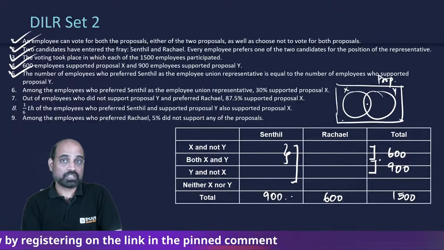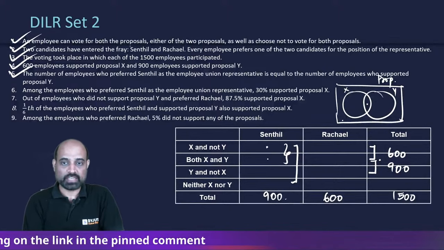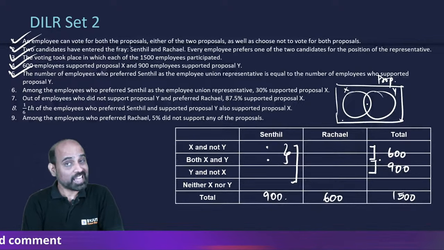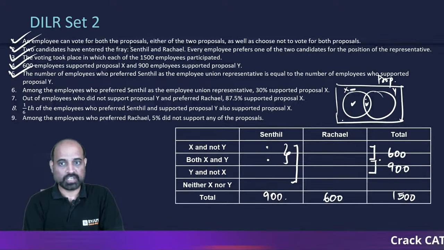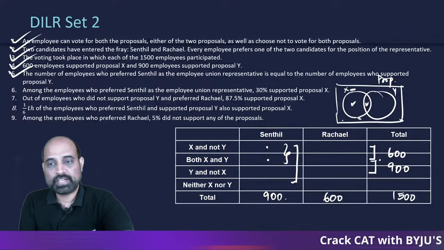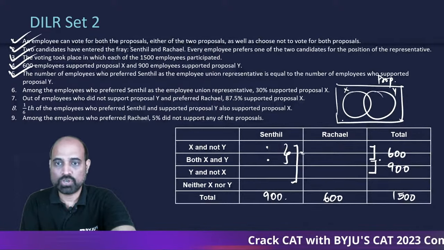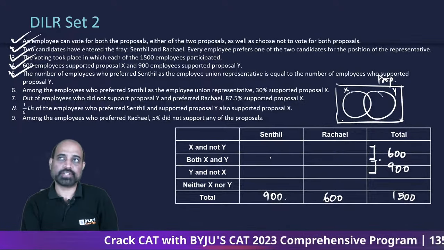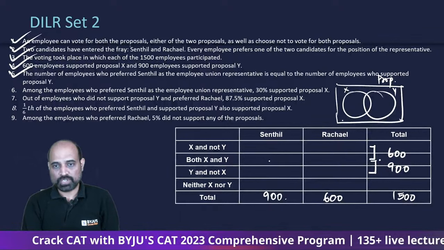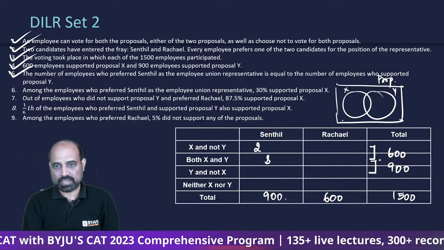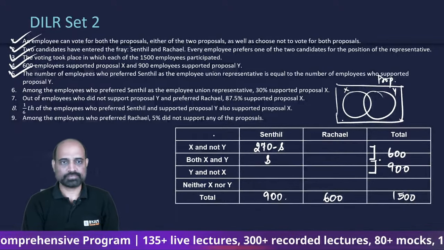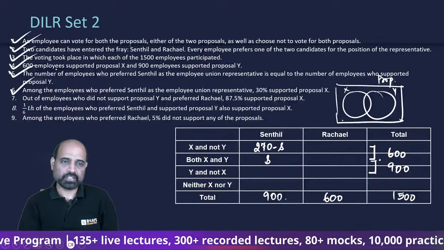Its 30%, which is 270, they are supposed to be here, who supported proposal X. X will mean X and not Y, and both X and Y, together that makes X, right? So sum of these two is supposed to be 270. So what I will do is I'll take this as S and this one as 270 minus S. Okay, sixth statement done.